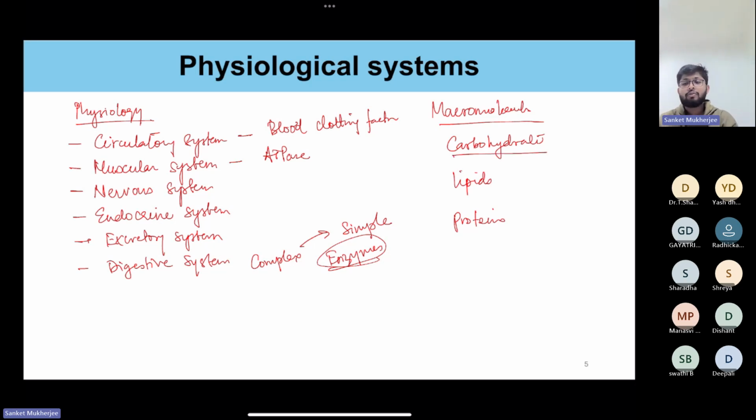It could be lactose and all other things. They are also broken down through enzymes. In case of starch, we have alpha amylase, which produces maltose plus glucose, and it gives you energy basically. In case of lipids, we have lipases, which break down lipids into smaller fatty acids.